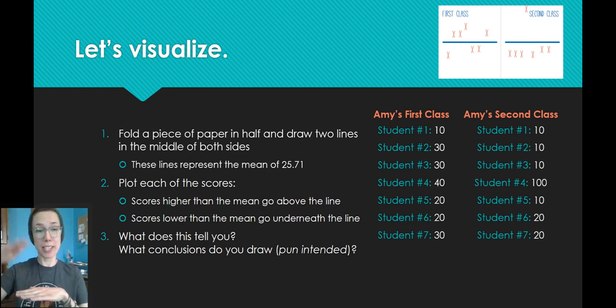It's very possible for us to have vastly different responses between 2 different groups, and for those groups to still end up on the same average. So that's what we're seeing here. If it wasn't already clear to you, hopefully now this visual illustration has helped it make sense. Even though these numbers are vastly different, we're still ending up with that same average. Hence, why measures of variability are important as well.